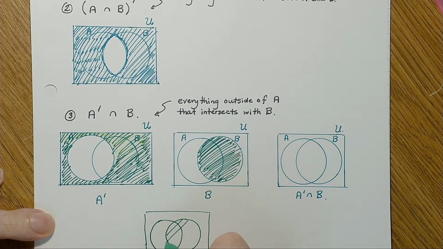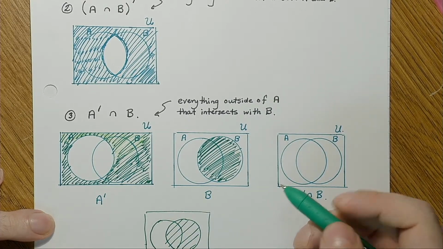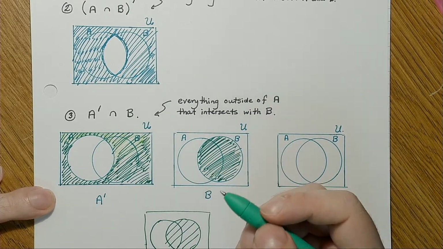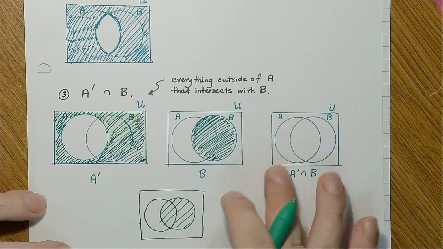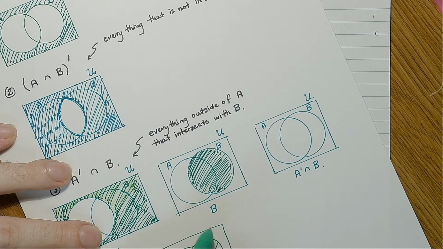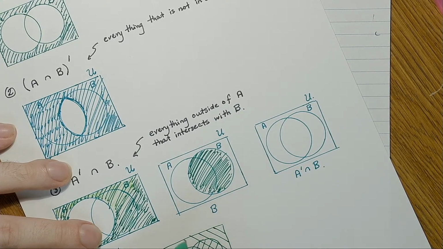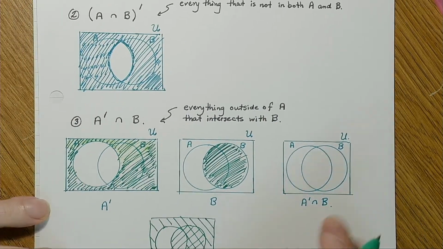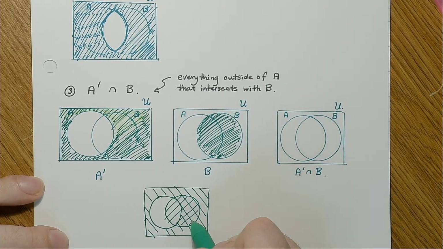Here's everything in B. And then everything outside of A. So I would just draw it in different. So everything outside of A. Okay. So this is what I'm thinking.